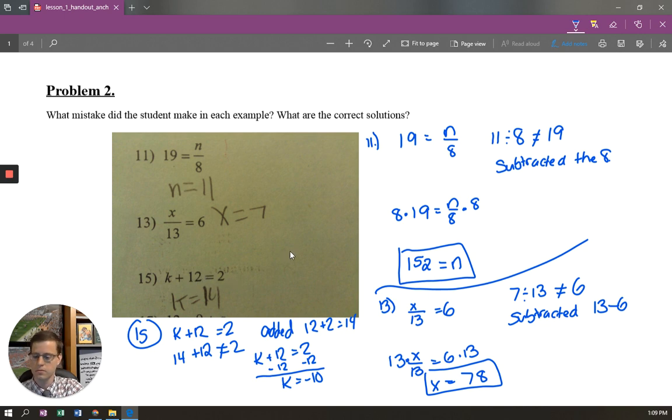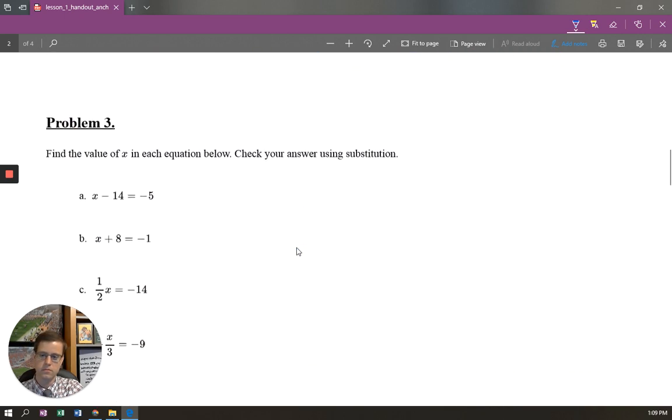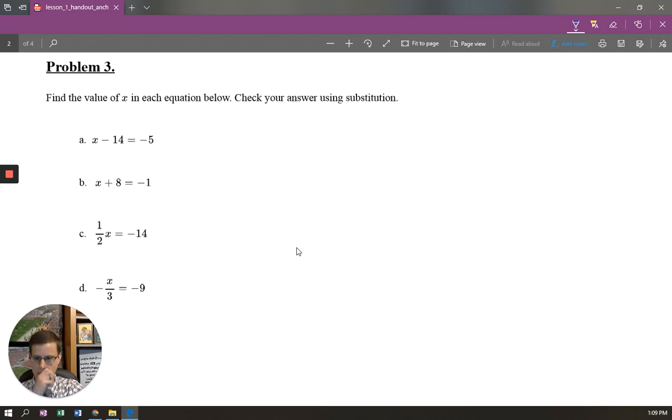In problem 3, find the value of x in each equation below. Check your answer using substitution. What minus 14 equals 5? No, x minus 14 equals negative 5. The opposite of subtraction is addition.